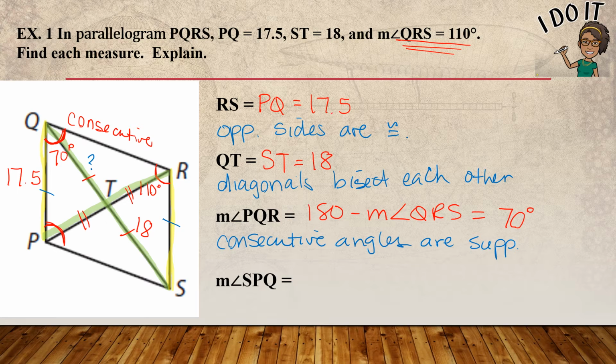So if it's across from angle QRS, that means it's opposite to it. So if they're opposite angles, that means that the measure of angle SPQ is equal to the measure of angle QRS. And if QRS is 110 degrees, that means that this angle is also 110 degrees. So the property that we're using is opposite angles are congruent.